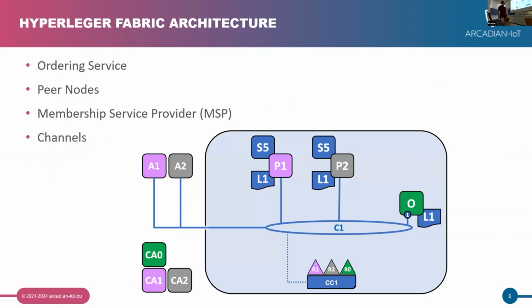And this is the Fabric architecture. The most important is the orderer, which is responsible for maintaining the ledger and ordering the transactions to the channel. Then the transactions are executed by the peers. The peers execute the transactions with the smart contract that is deployed over there, and this is the ledger.